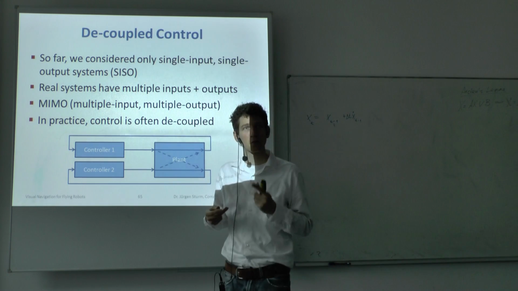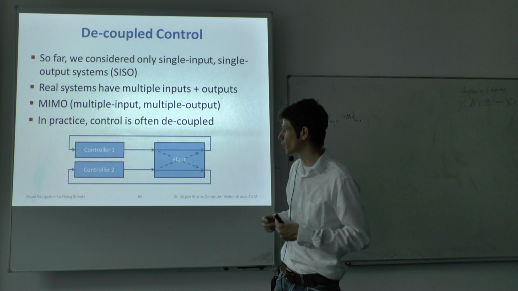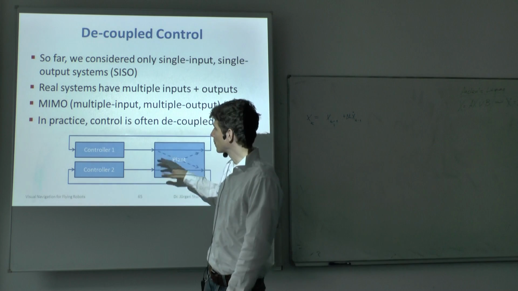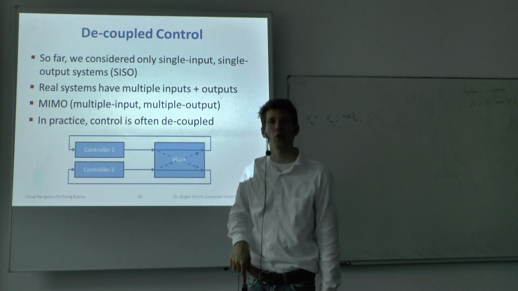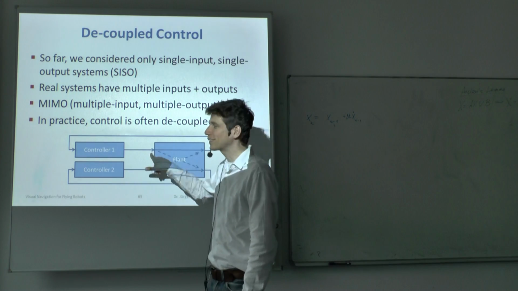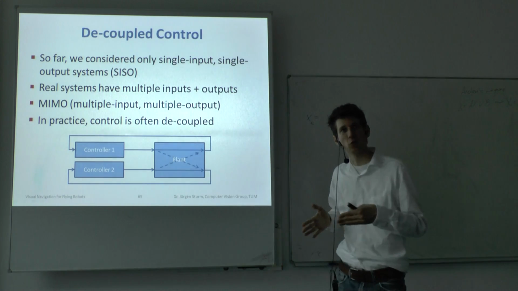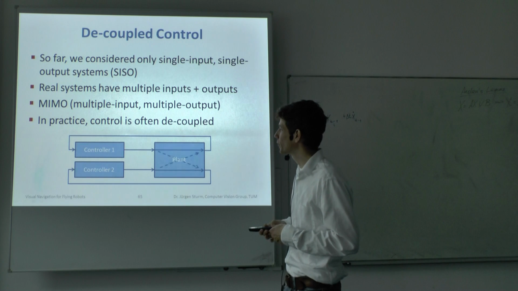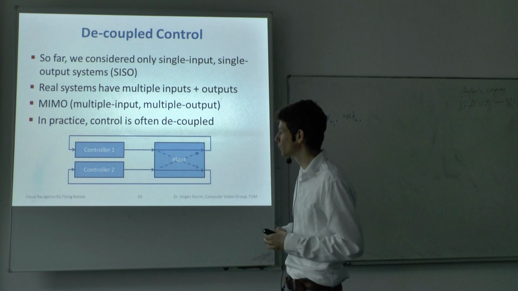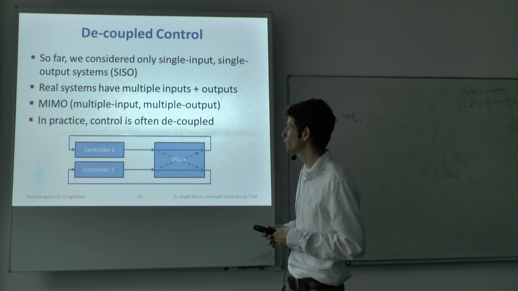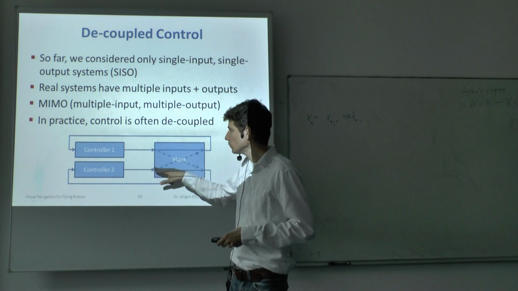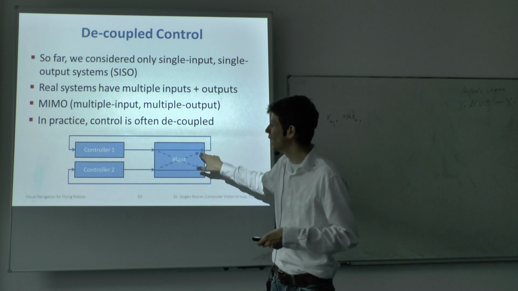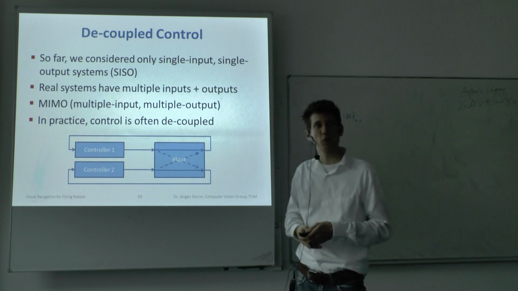If you have, for example, 3 axes for a quadrocopter, also in your homework at some point, it's wise to just have 3 different controllers for each of the axes. Of course, the X and the Y axis are somewhat related because you make rotations, so there is some influence of them, but in most cases it's sufficient to assume that they are actually separated, even if in the plant there is some influence between the individual variables.